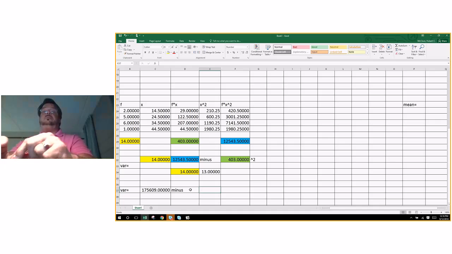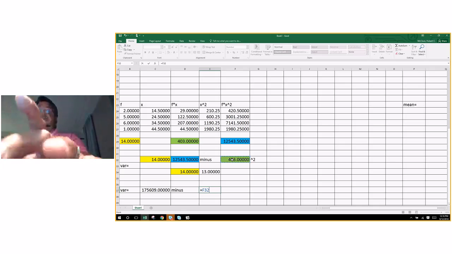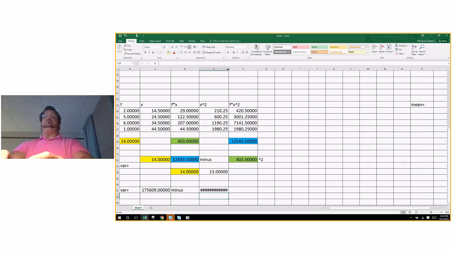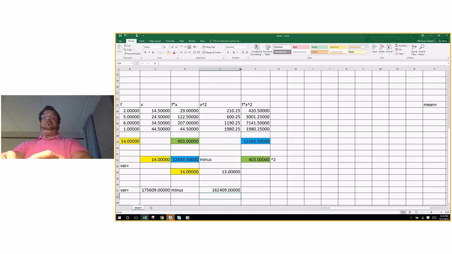I'm going to square that, so somebody take 403 in your calculator and square it, and let's see if I get it right. 403 raised to the second power. There it is. And then take 14 times 13 and you should get what I get right here.